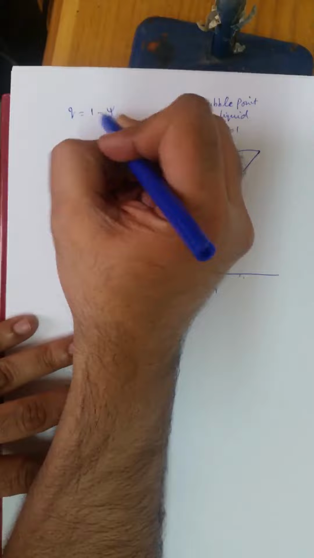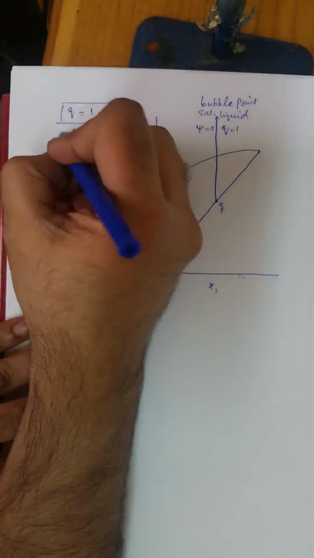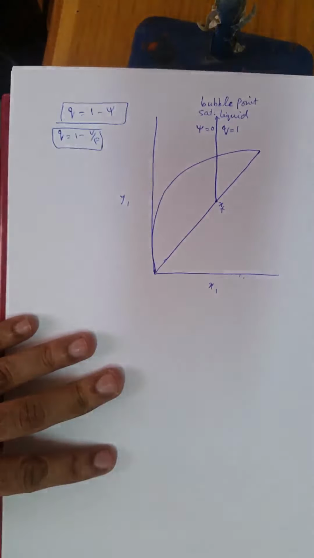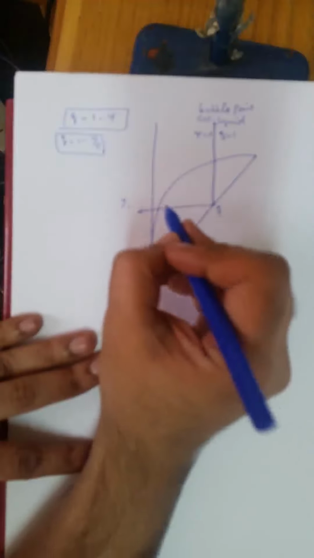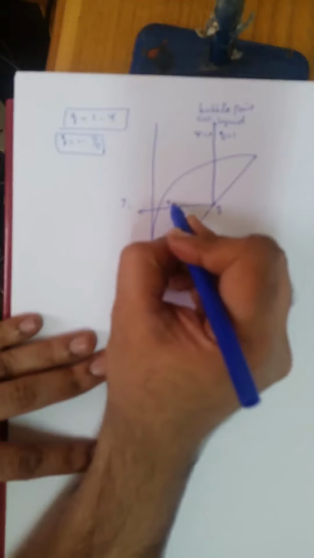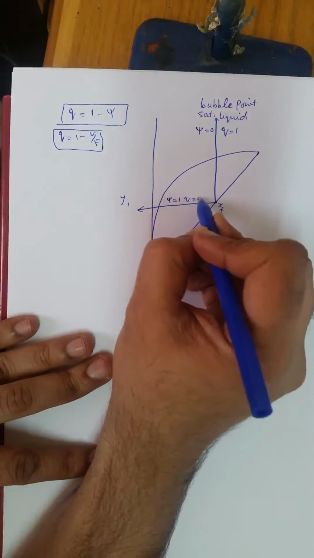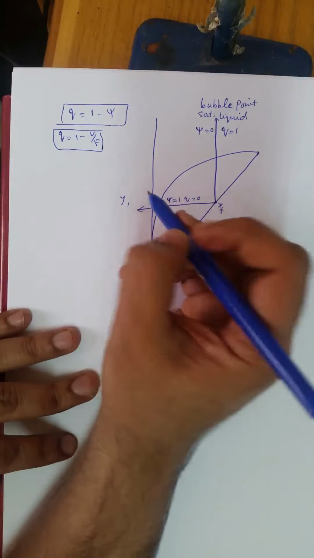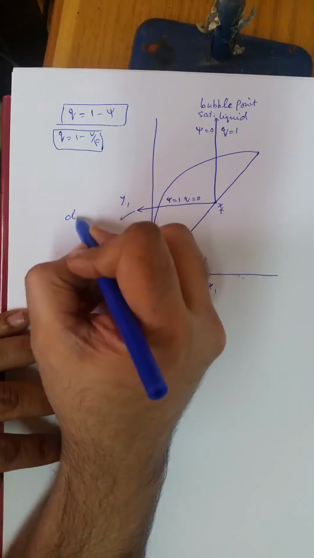Q equals 1 minus psi, or Q equals 1 minus V over F. Similarly you can go this way, a horizontal line, where psi equals 1, Q equals 0, and we call this the dew point.